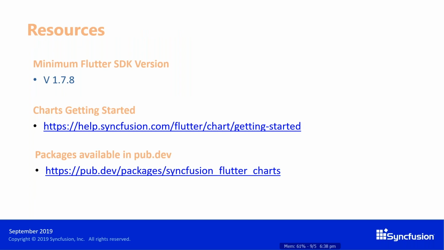To run our Flutter charts, the minimum Flutter SDK version required is 1.7.8. Our charts getting started documentation is available under help.syncfusion.com Flutter chart getting started. All the Flutter packages for chart are available in pub.dev, so you can download the packages from there as well.